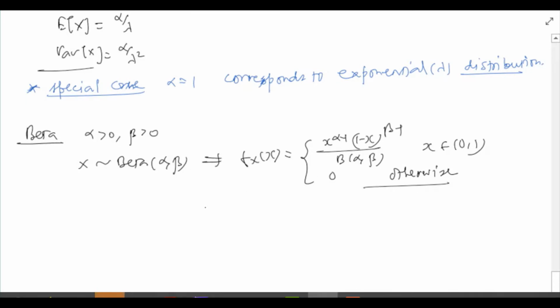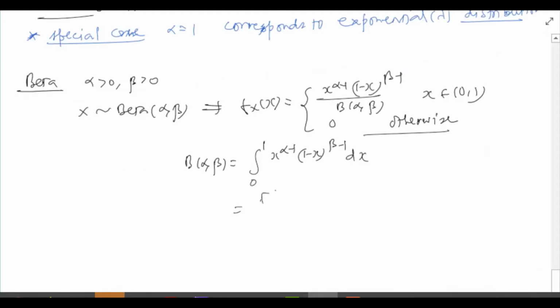B(alpha, beta) is a normalizing constant and it is equal to the integral from 0 to 1 of x^(alpha minus 1) (1 minus x)^(beta minus 1) dx, and in fact it turns out to be equal to gamma alpha times gamma beta divided by gamma of alpha plus beta.